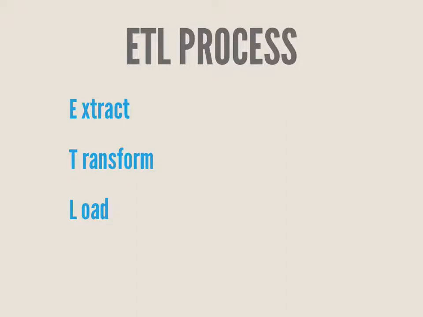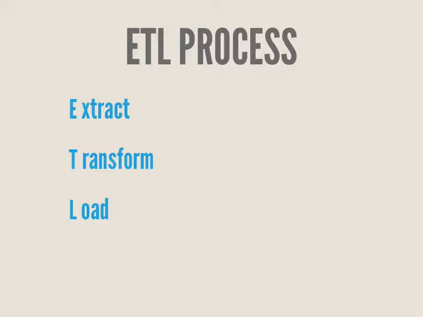So let's start with the ETL process, just in 1 minute, one slide. It's a shorthand for extract, transform, and load, and that's basically what you do with all your data when you migrate it. Extract is the first step. You get your data from your source, and you determine what data you need in your new website.